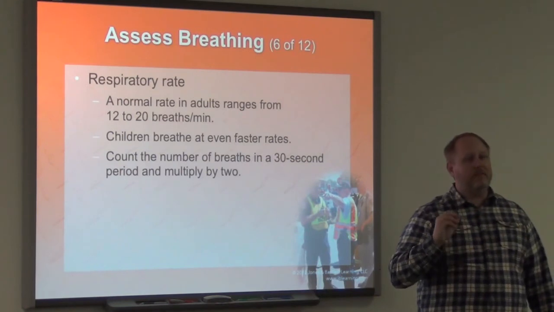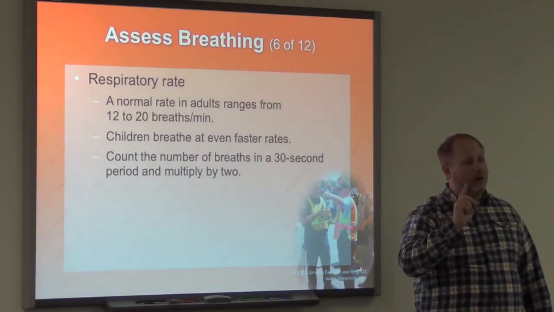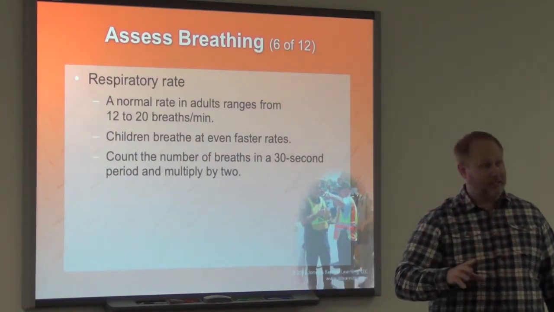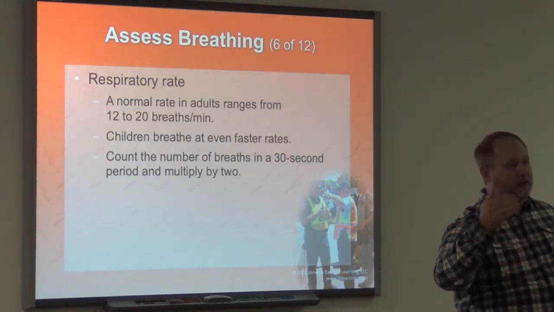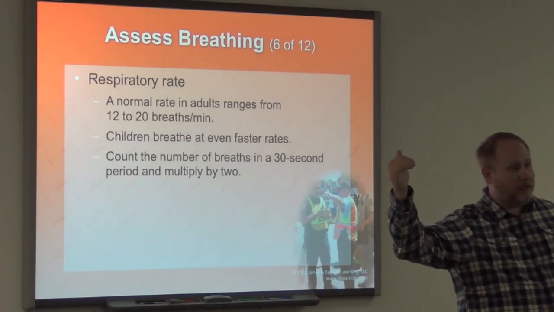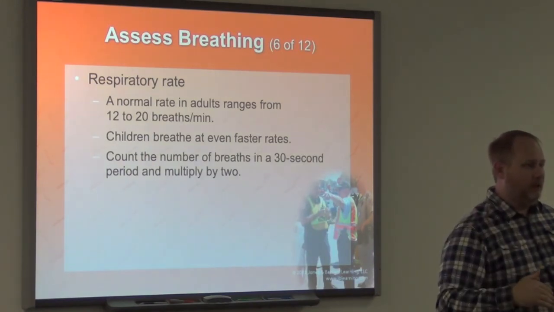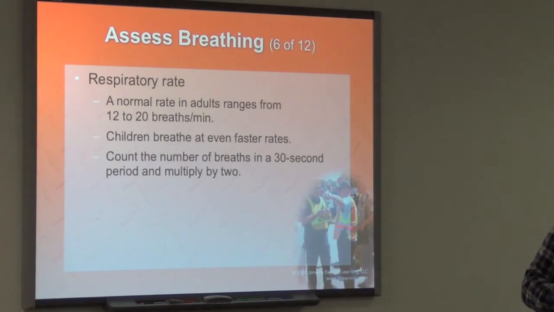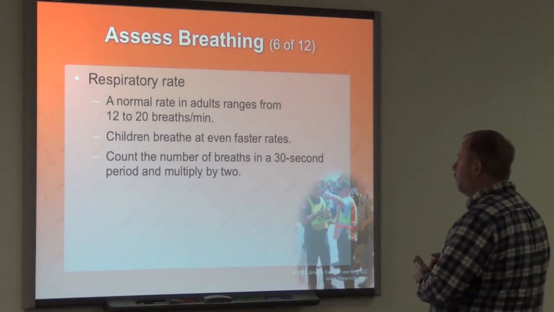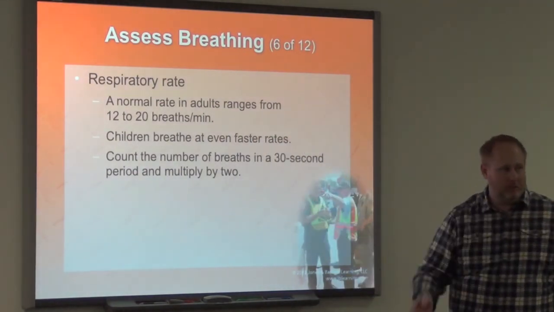And the way you can tell, your number one indicator is mental status. If the patient has altered mental status and an alteration in breathing, PPV. Because the first thing that's going to suffer is going to be what? Your brain. The brain does not do well without a constant supply of oxygen and blood.